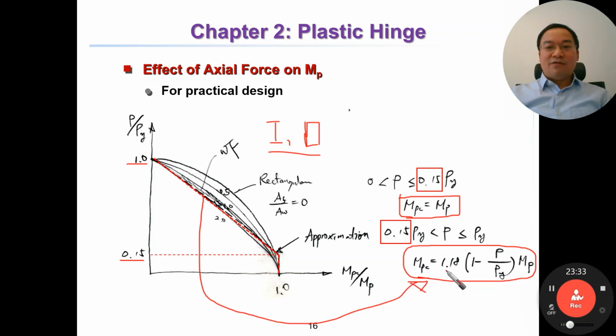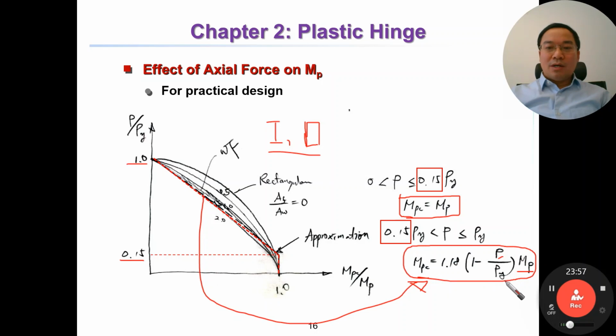MPC is a function of P over PY and MP. And MP here is the plastic moment you can calculate depending on the section. And P is the applied load.